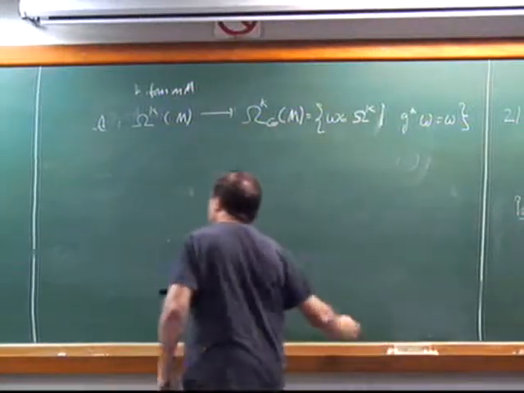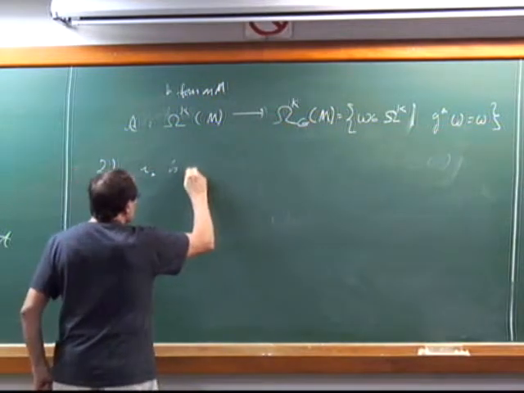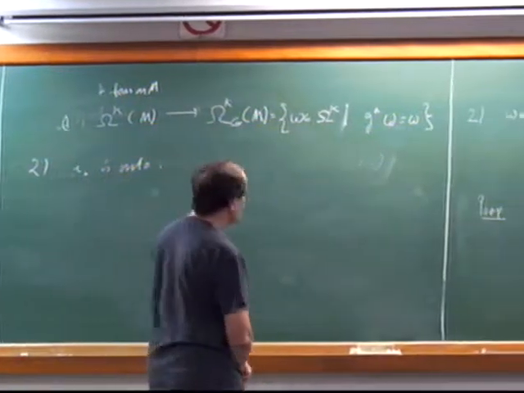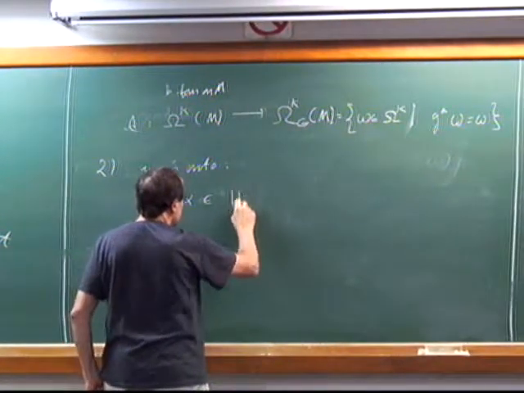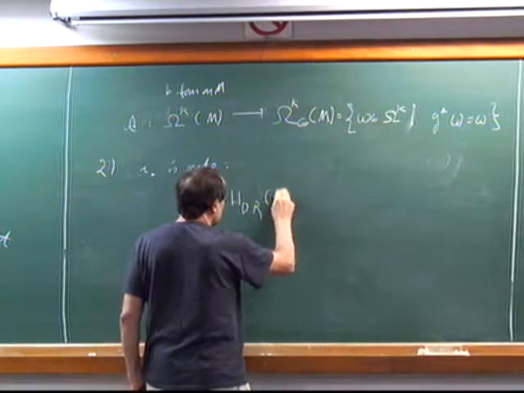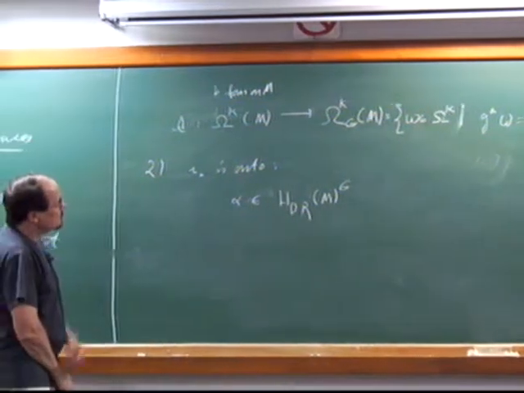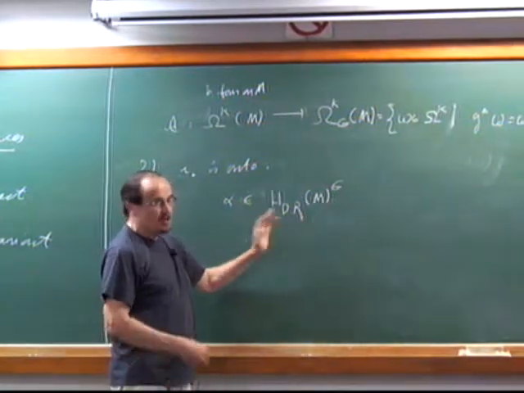But is it onto? Why is I star onto? So take a cohomology class, let's take an alpha, a de Rham cohomology class, which is G-invariant under the induced action of G on the de Rham cohomology.